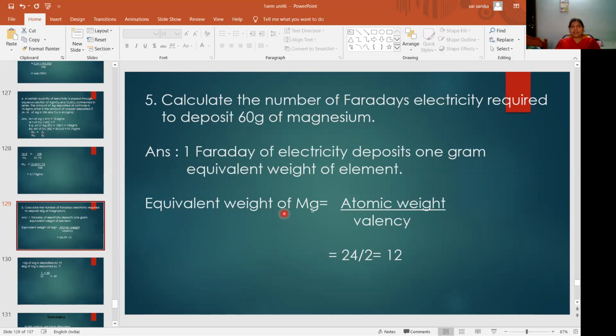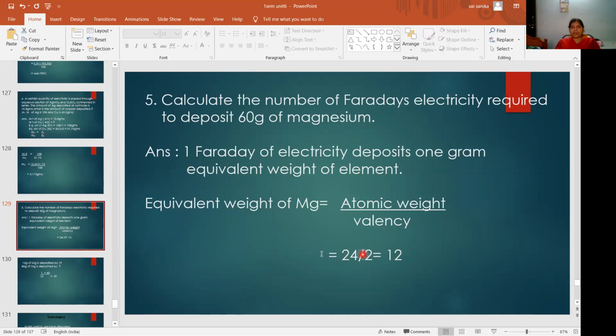So what is the equivalent weight of magnesium? What is the atomic weight of magnesium? 24. Magnesium valency is 2. Do you remember how to find valency? Magnesium loses 2 electrons, so its valency is 2. So 12 is the equivalent weight of the magnesium atom.